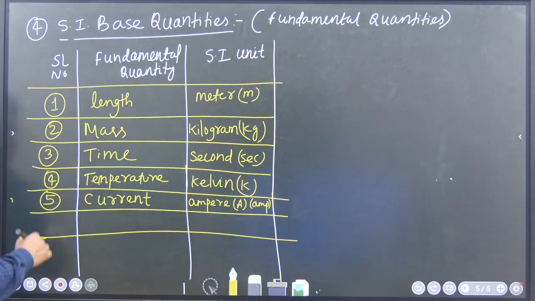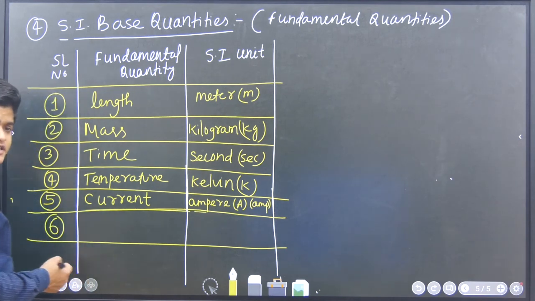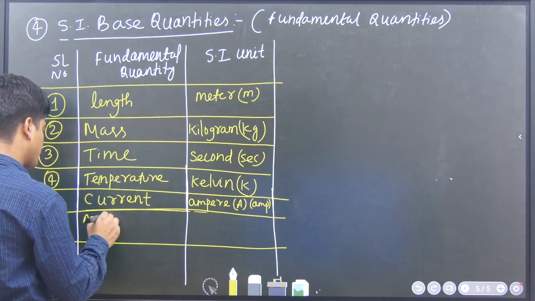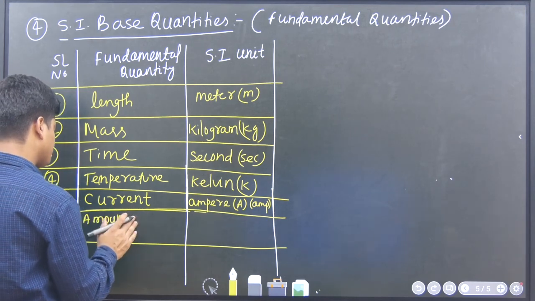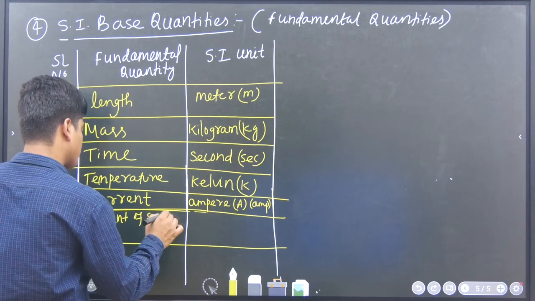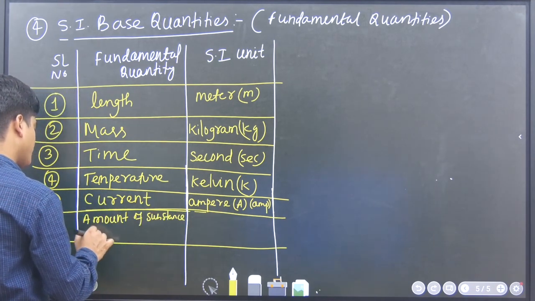And here understand the sixth one. The sixth is the amount of substance, or you can also say quantity of matter.